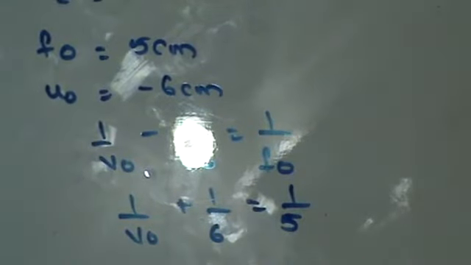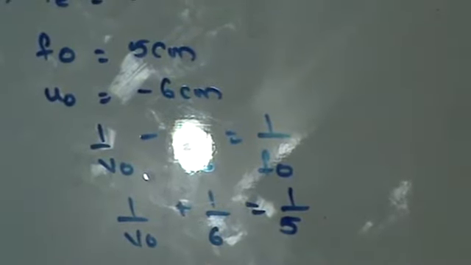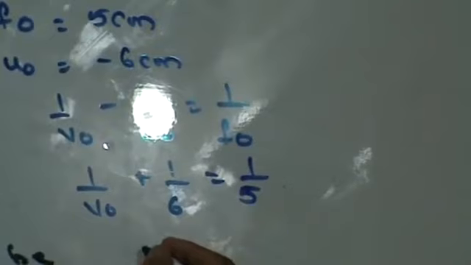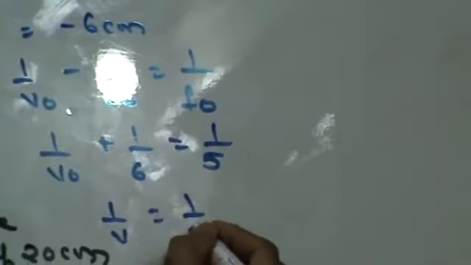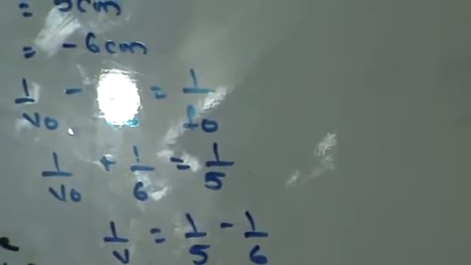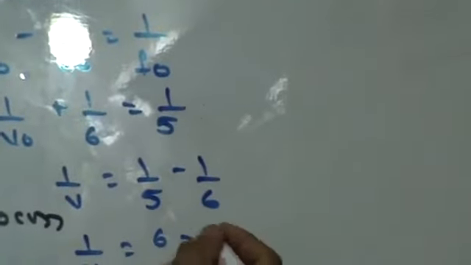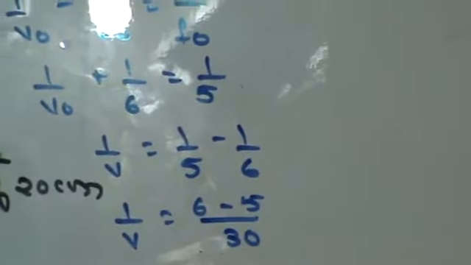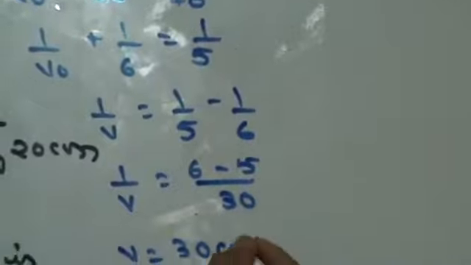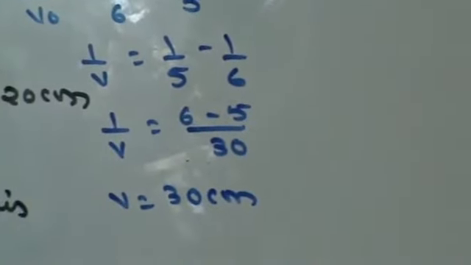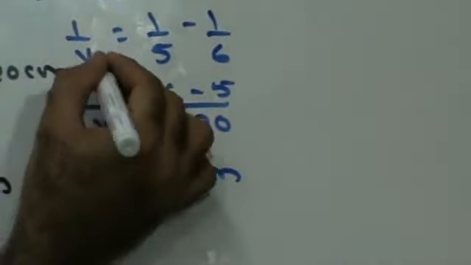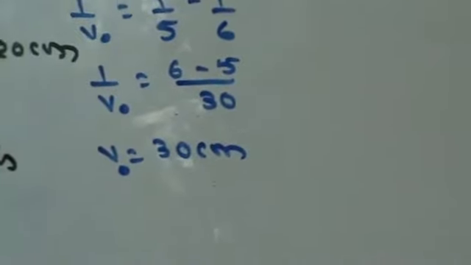So 1 upon V0 is 1 upon 5 minus 1 upon 6. 1 upon V0 is 6 minus 5 upon 30. V0 is 30 centimeters. So I will get V0 to be 30 centimeters.